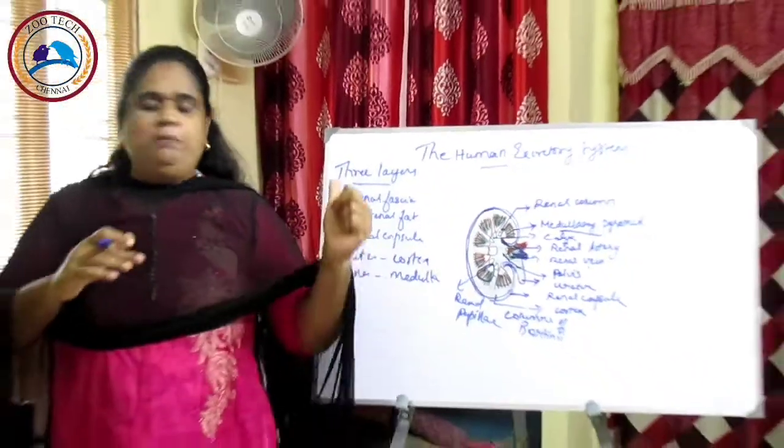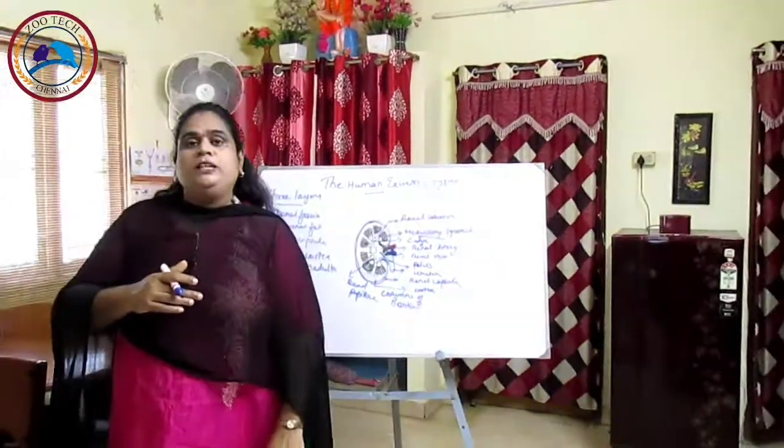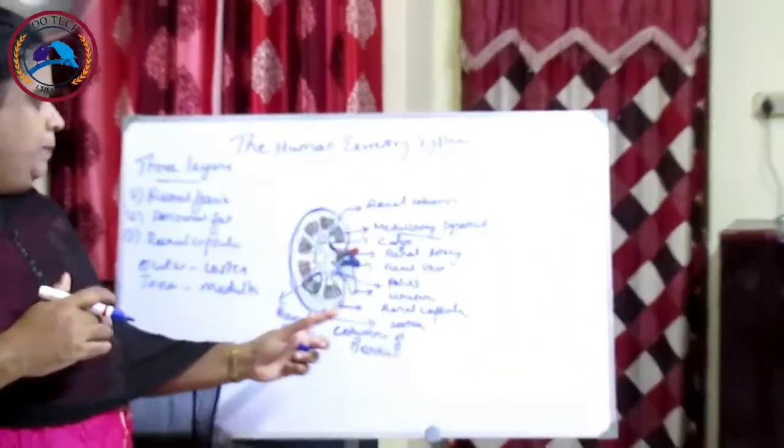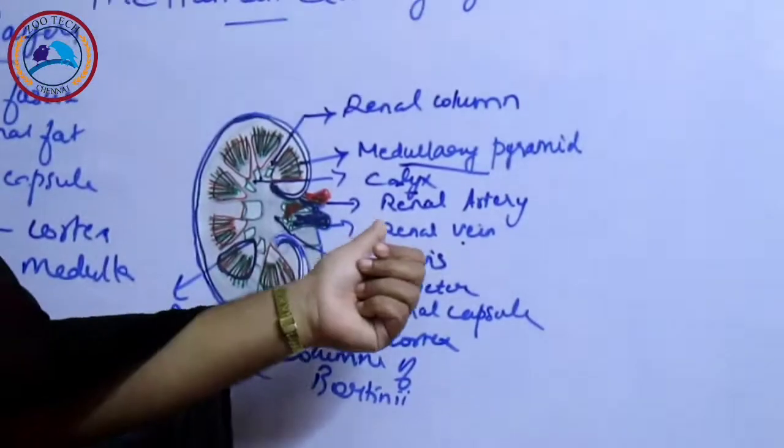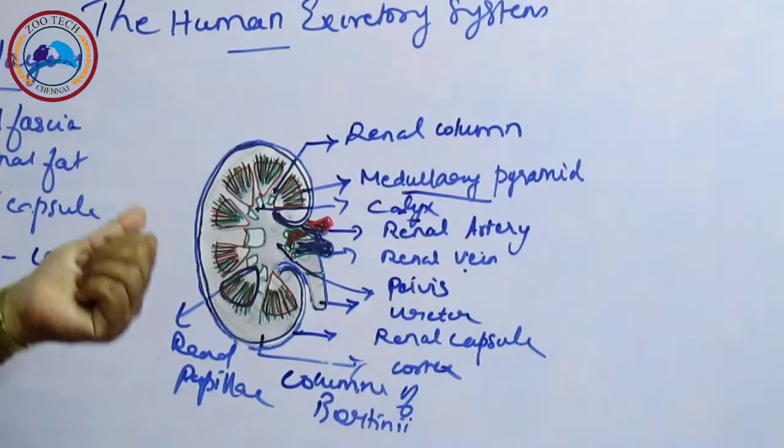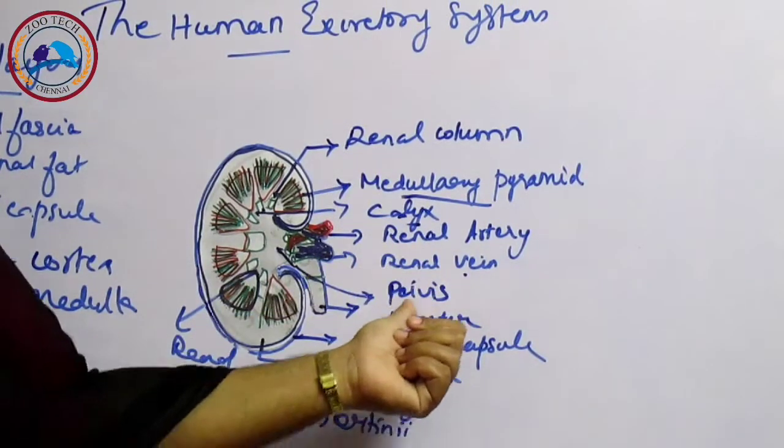There are three major calyces which open into the renal pelvis, and this renal pelvis opens into a tube called the ureter.